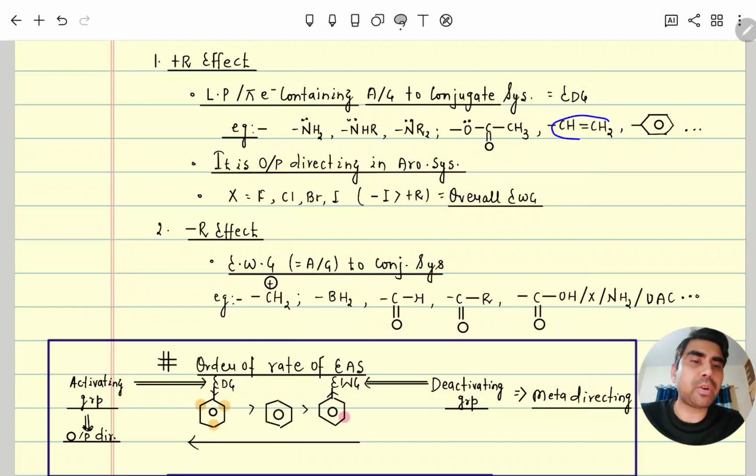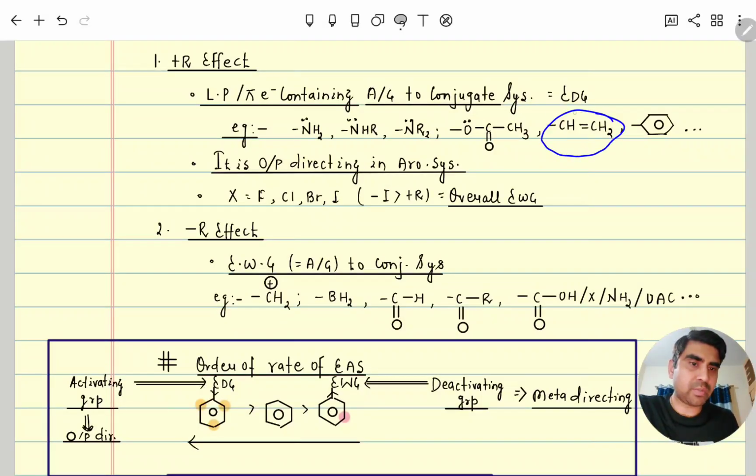Here you know that pi bond, so pi bond also can delocalize. Depending upon the conjugated system, if an electronegative atom is there in the conjugated system, this pi bond will get directed towards the ring or the conjugated system, which means such types of groups are adjustive groups. They can behave as plus R also, minus R also.